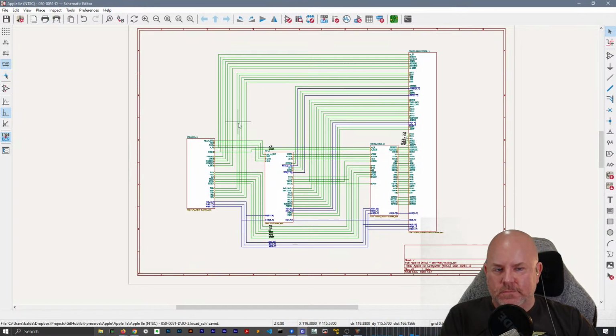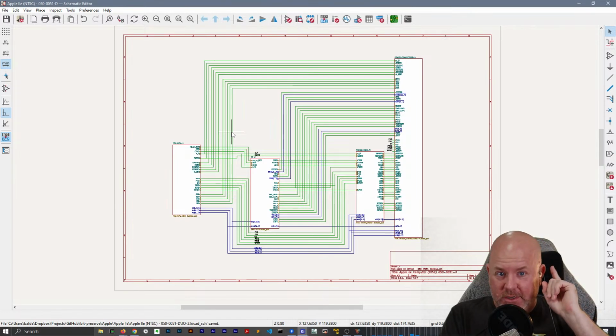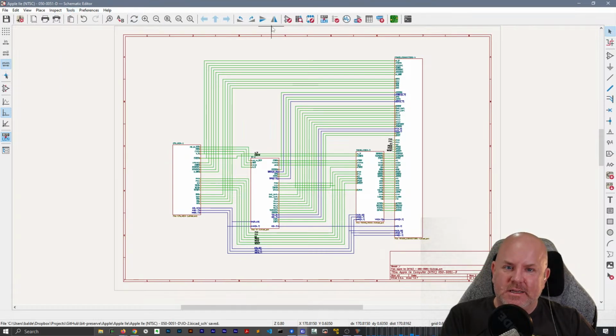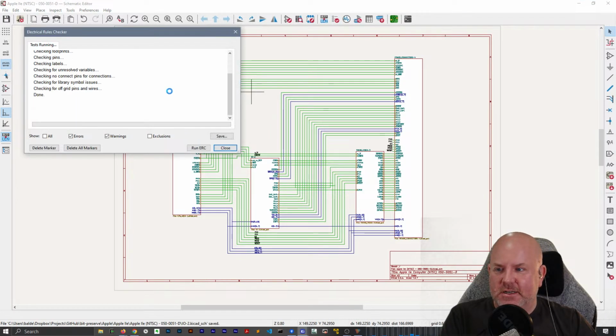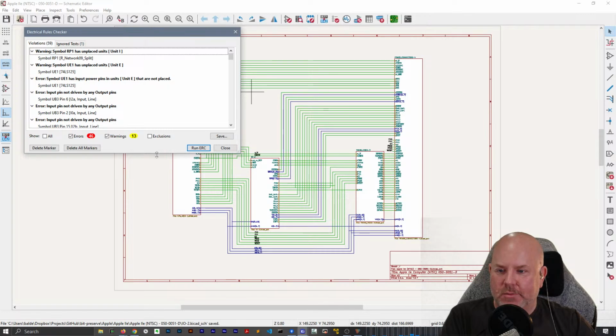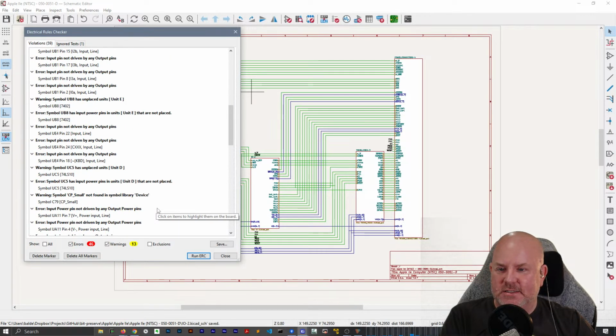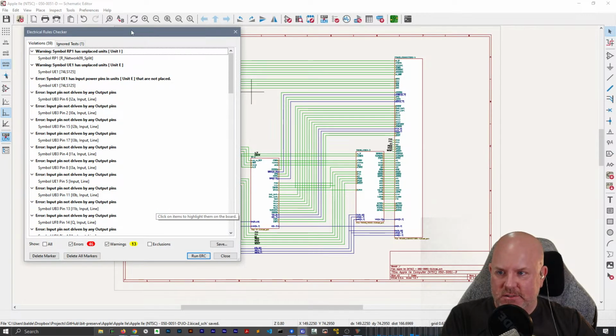Okay, step 1 was update this for version 7. That's the easiest thing. But here's the thing. I did this on the 2GS and the 2C schematics that I drew, and I was shocked when I did the ERC check because there were lots of problems. Initially I thought, I don't care.